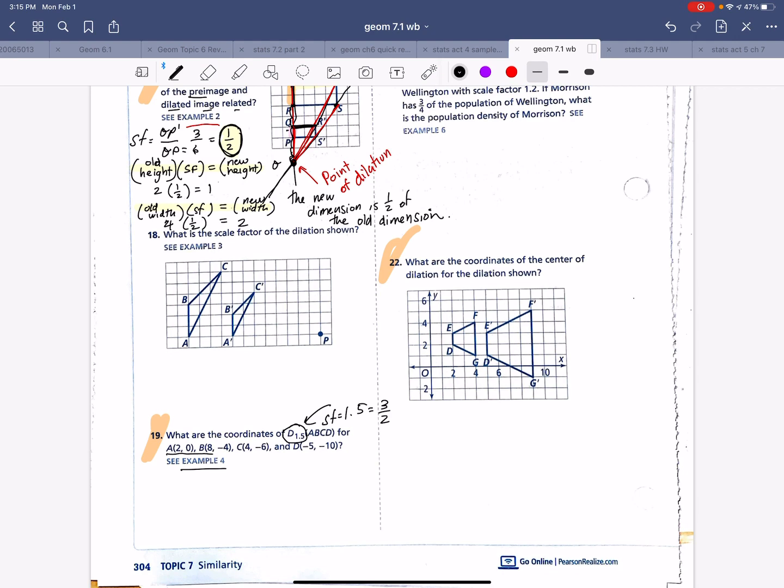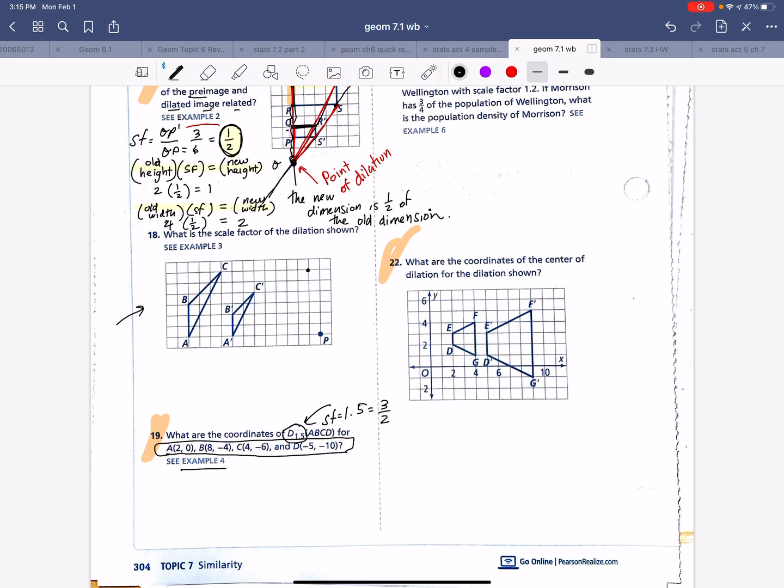All right, so it looks like I'm going to have to graph this. Since we're skipping 18, I'm going to just try to use this as graph paper. It's not going to work out perfectly, but we'll try.